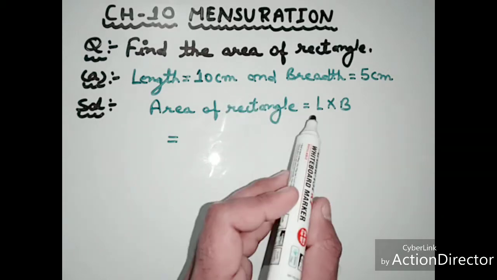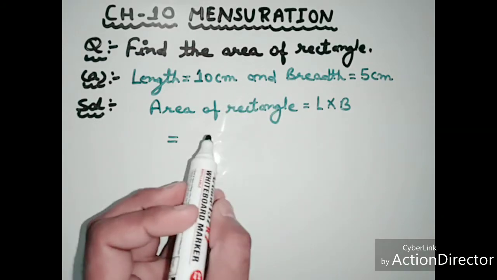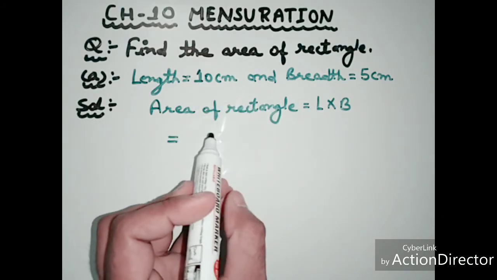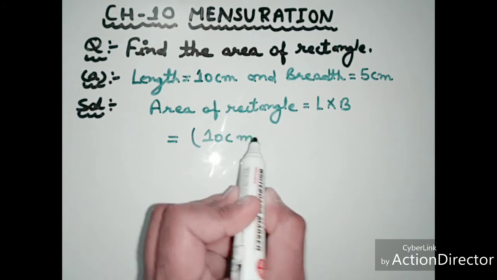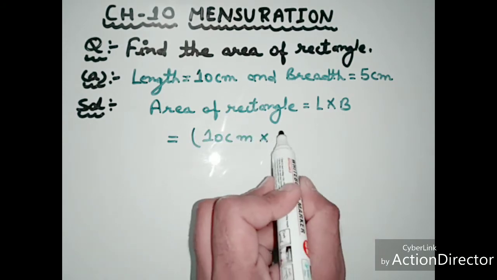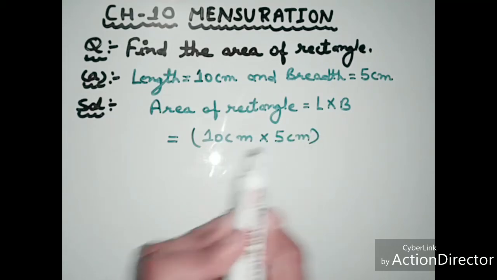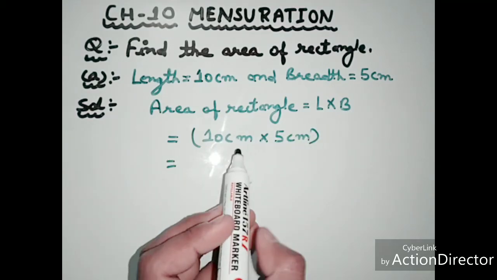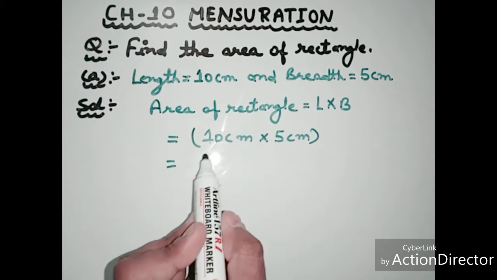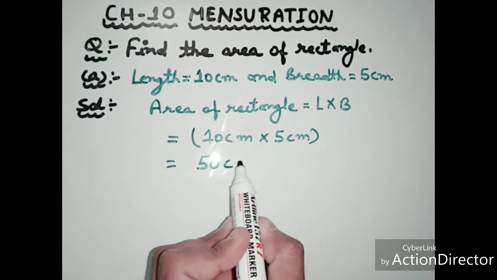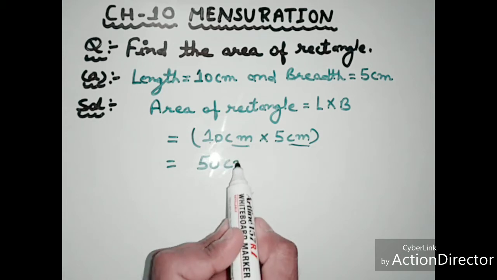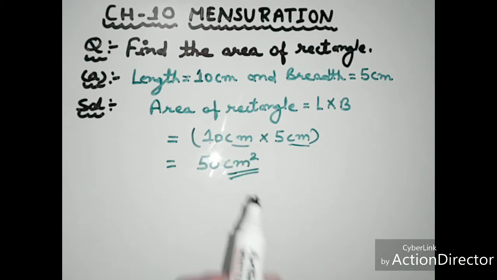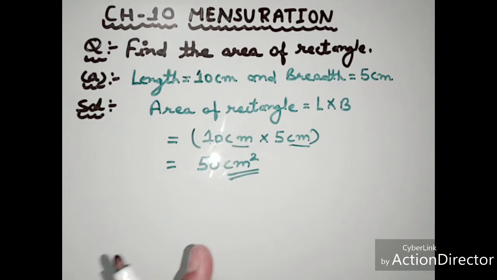Now we put the values of L and B. The value of L is 10 centimeter and breadth equals 5 centimeter, and 10 fives are 50. We write units in square, so centimeter square. So the area of the rectangle is 50 centimeter square.